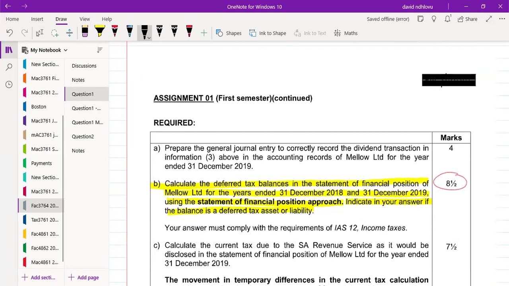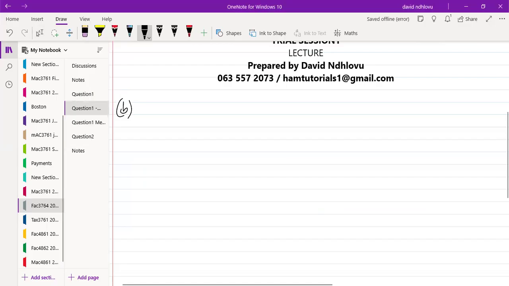So what we then do, we then have that particular table that I had created before. So now we present that table. We then say deferred tax here. For the question, they want you to show 2018 and they will also want you to show 2019.